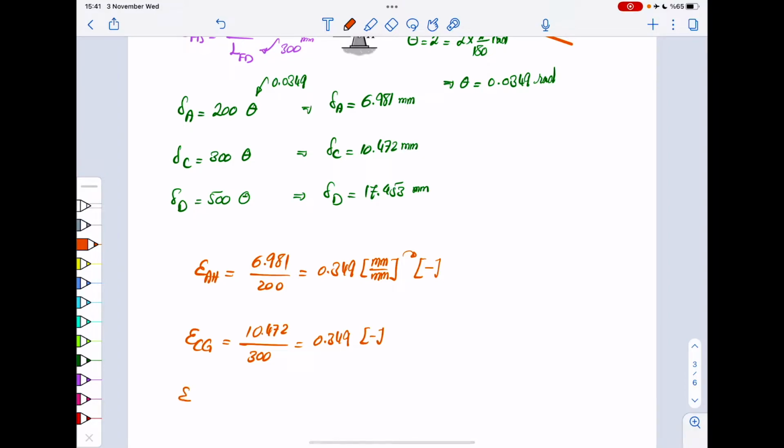And eventually epsilon FD, the last one, is 17.453 divided by 300 millimeters, which is 0.0582.